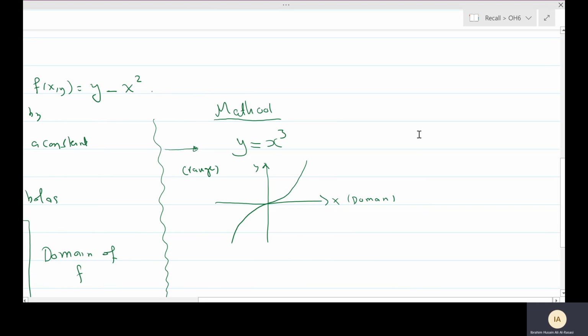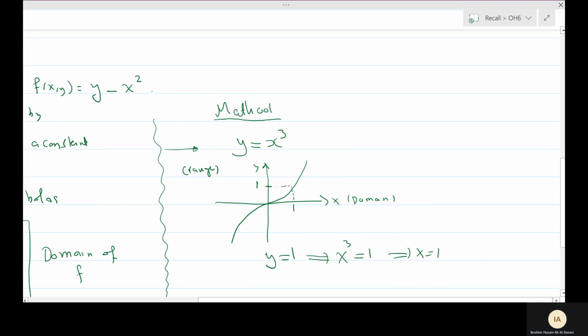So for example, if I take 1 in the range, what are the values in the domain going to 1, or mapped to 1? How to find them? Well, if y equals 1, can you find which x is going to 1? Yes, just replace y with x cubed equals 1, and then you solve to get x equals 1. So 1 will go to 1.